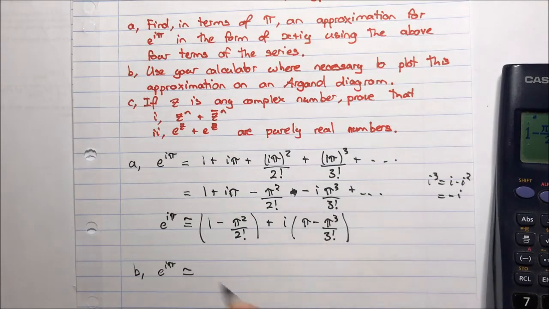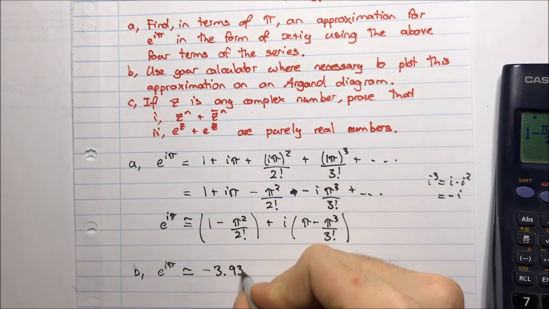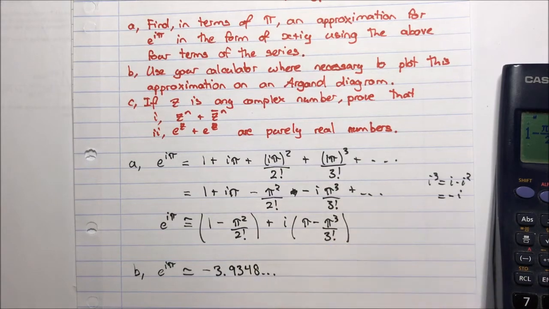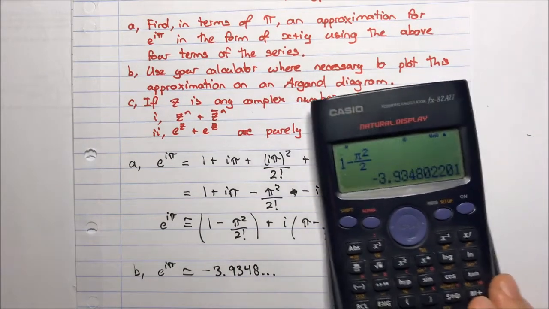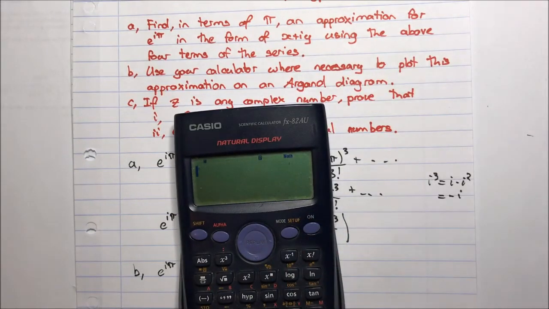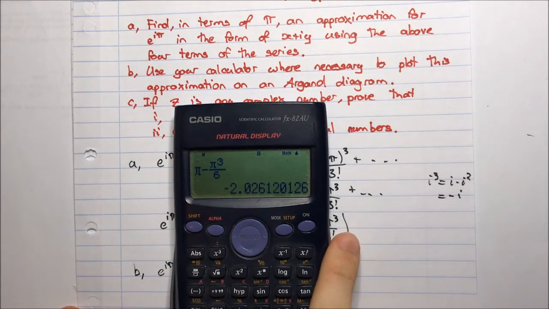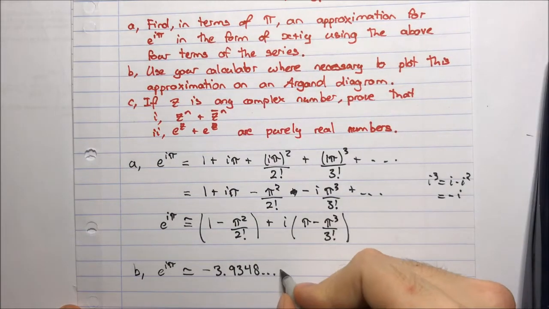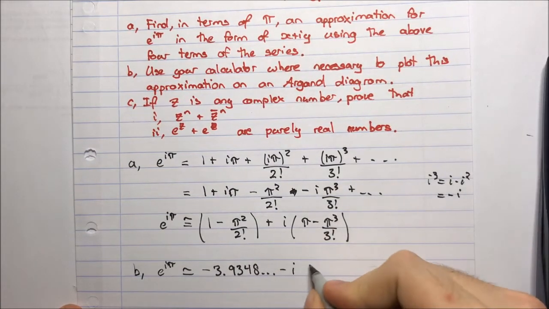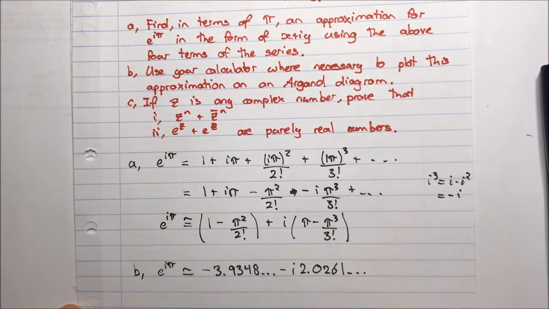So that's -3.9348. Let's just put a few decimal places. And then for the imaginary part, that's going to be pi minus pi cubed over 3 factorial, which is 6. And that's negative, of course, times by i, 2.0261.